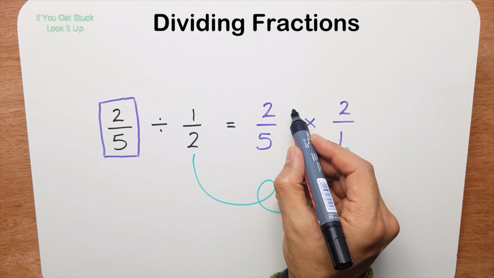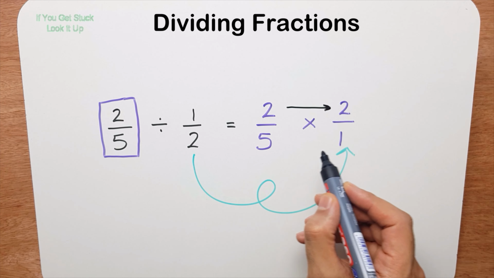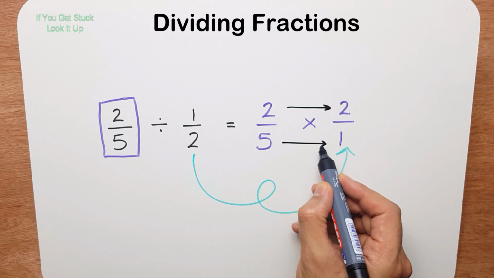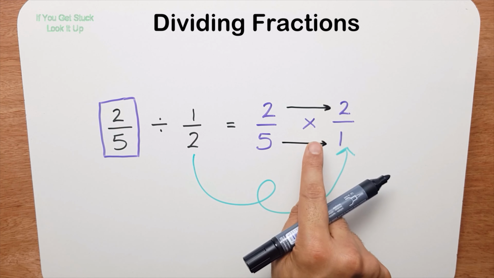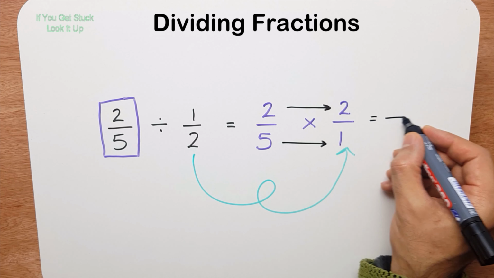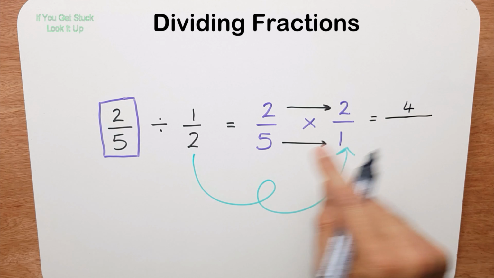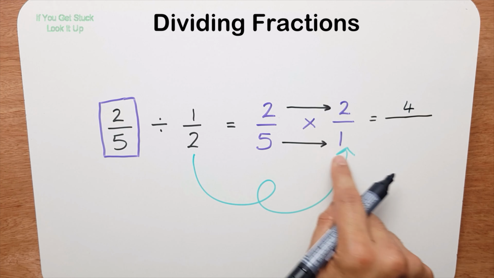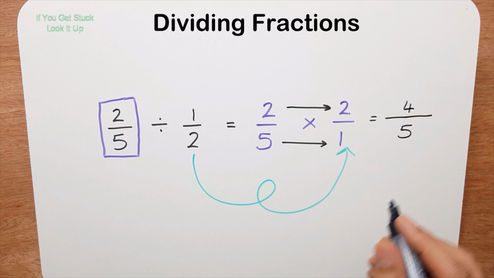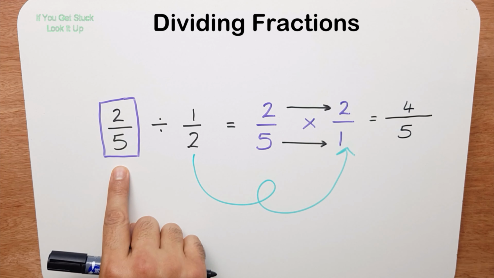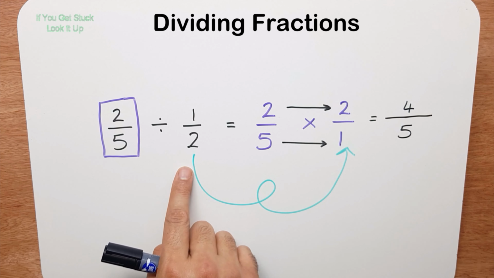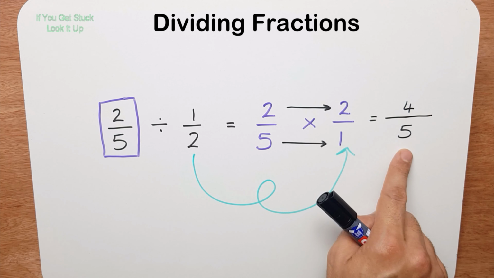Now it's simply multiplying two fractions, and what did we say? You multiply straight across. So do the fraction line. 2 times 2 is 4. 5 times 1 is 5. So I can say 2/5 divided by 1/2 is 4/5.